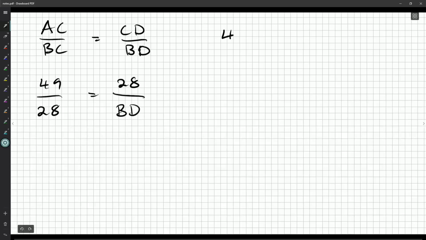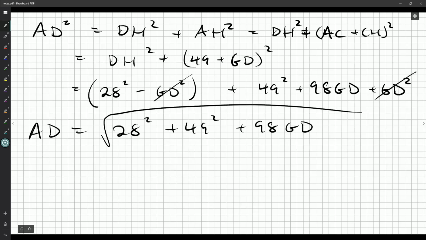So 49 BD is 98 BG, because remember, twice BG is BD. We're just cross multiplying, so it should be 28 times 28. So we get 28 squared, and now I don't even need to figure out what BG is.